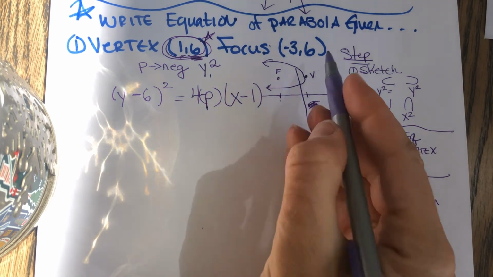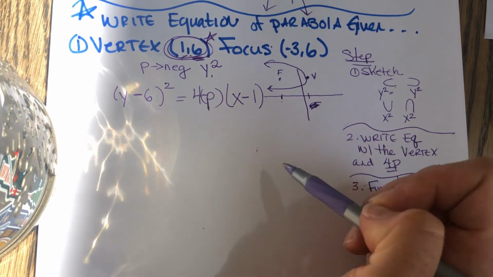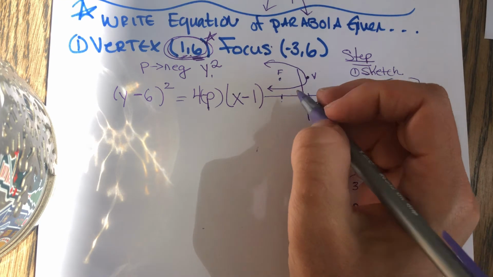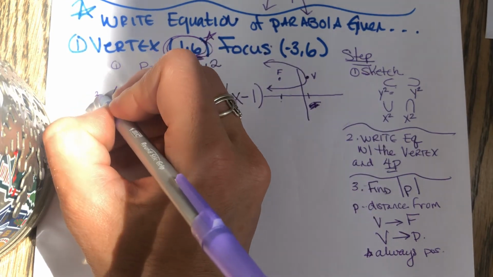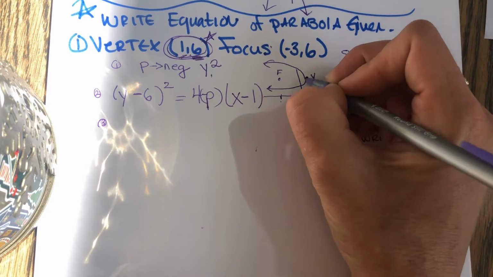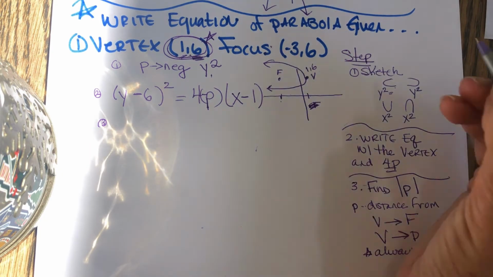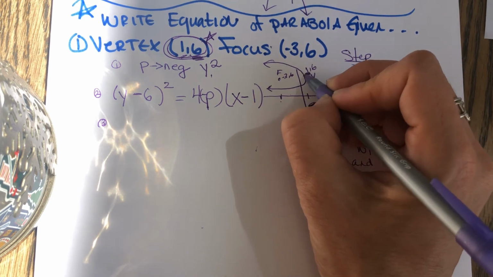However, take a look. You know, we put the negative because obviously it's going to the left. Okay, so the question is what is, so we did step 1, so here's step 2, step 3. Watch how easy this is. Here, you're at 1, 6, maybe write the point, and this is negative 3, 6.